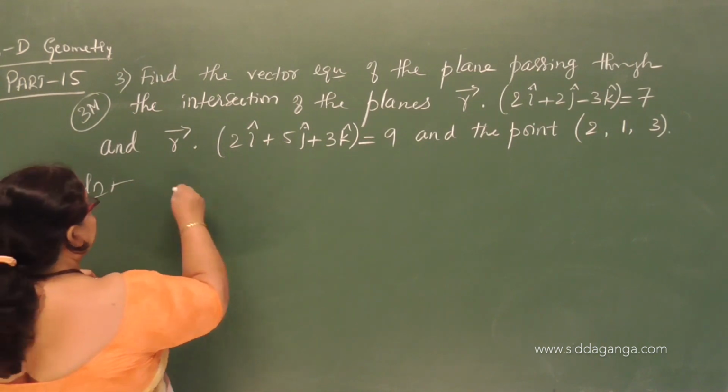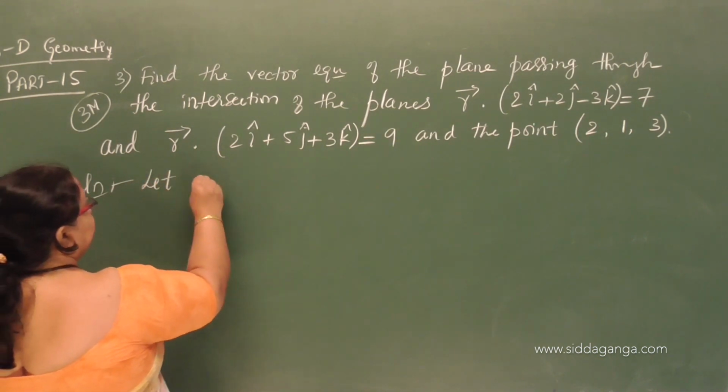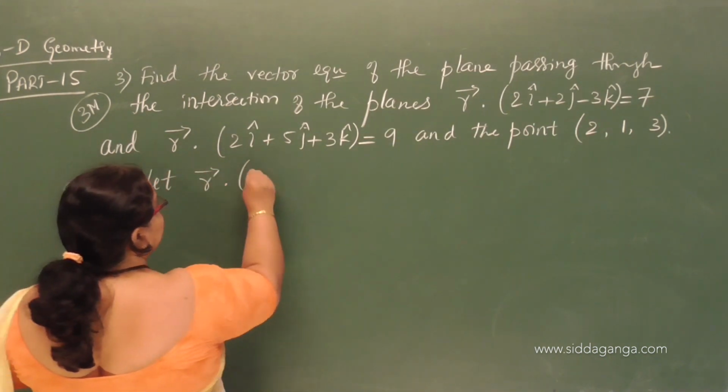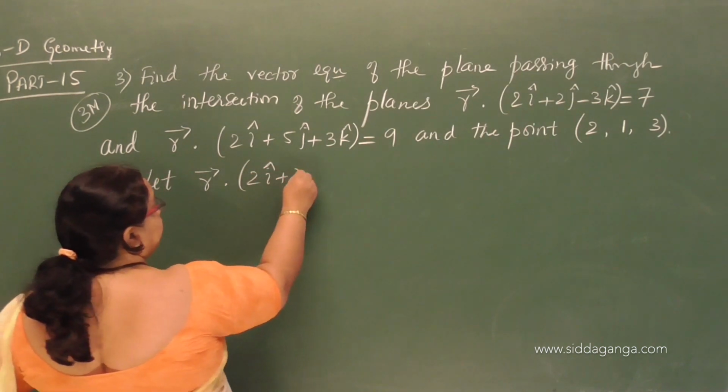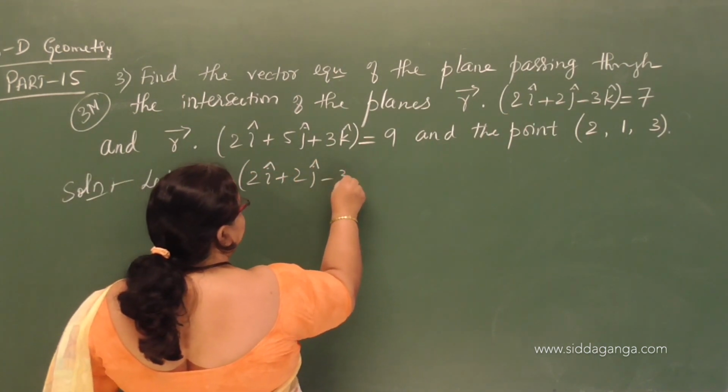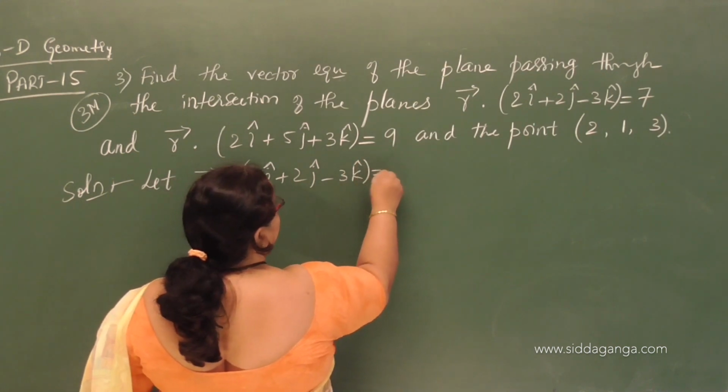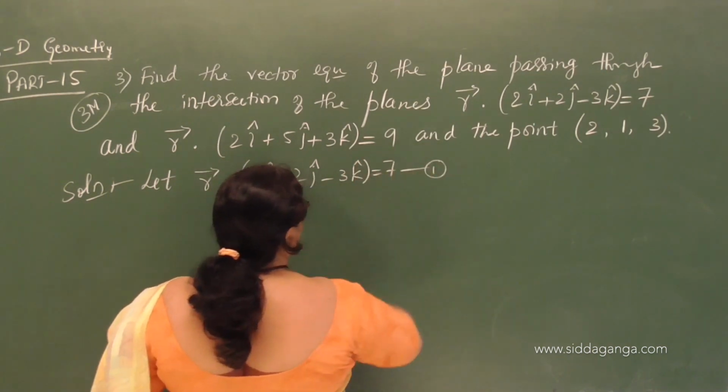So here let vector r dot 2i cap plus 2j cap minus 3k cap equal to 7, equation 1.